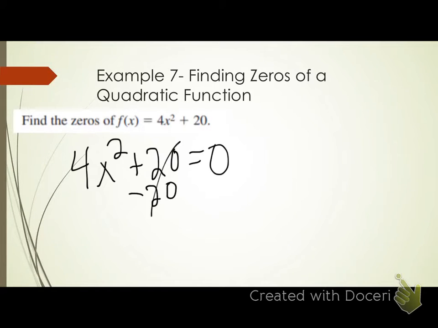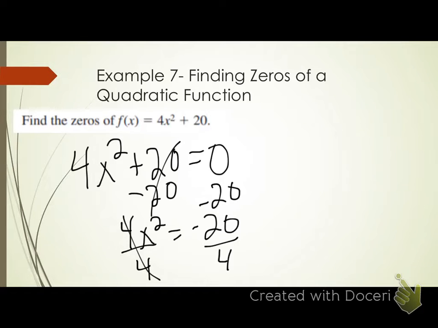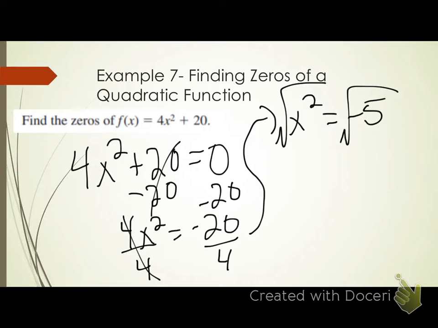So I'm subtracting 20 from both sides. 4x squared equals negative 20. Divide both sides by 4. x squared equals negative 5. Now I can take the square root of both sides. x equals, don't forget your plus or minus.